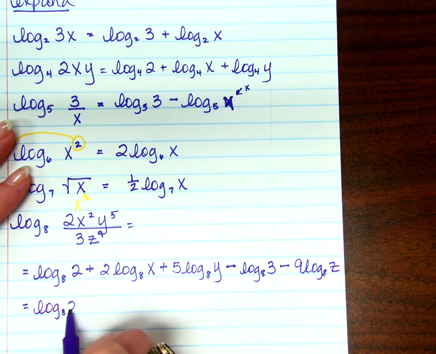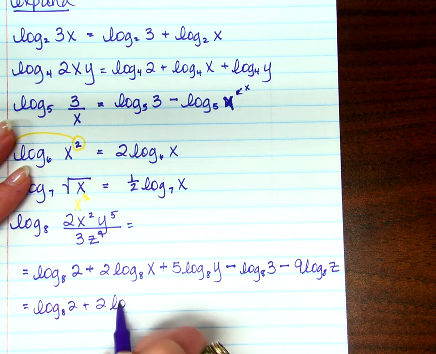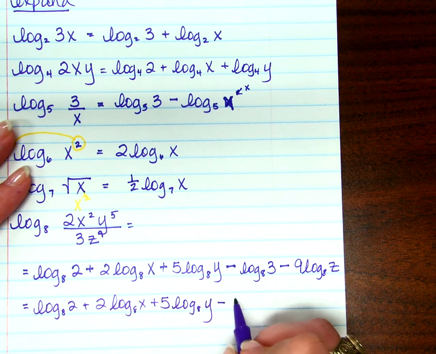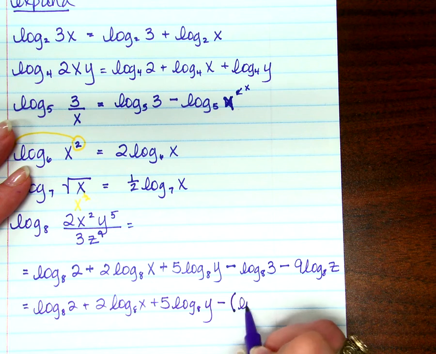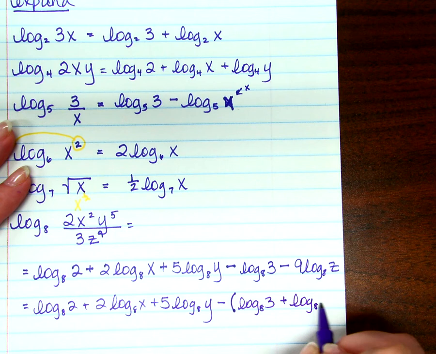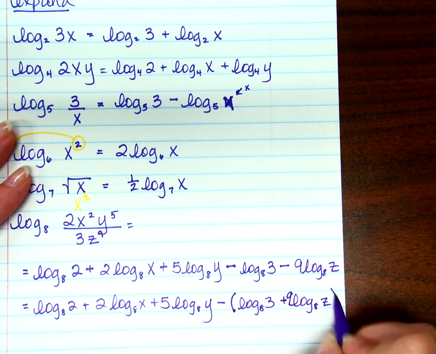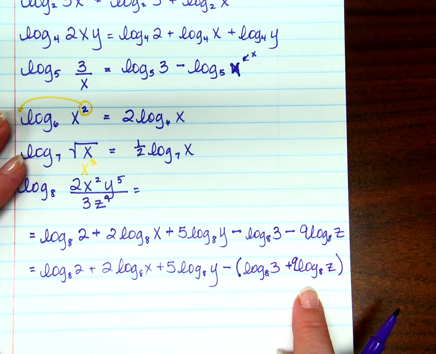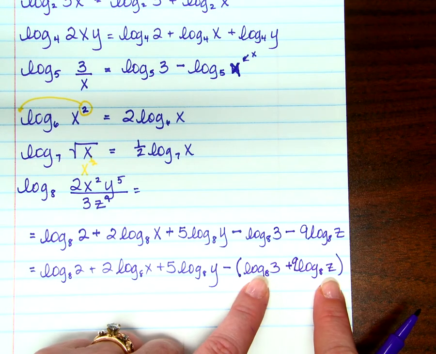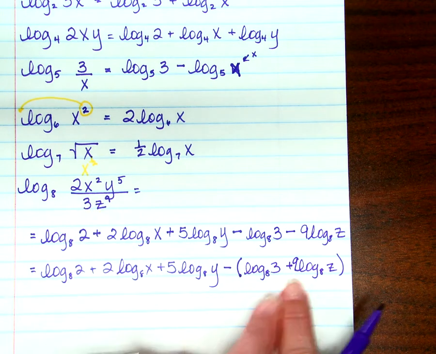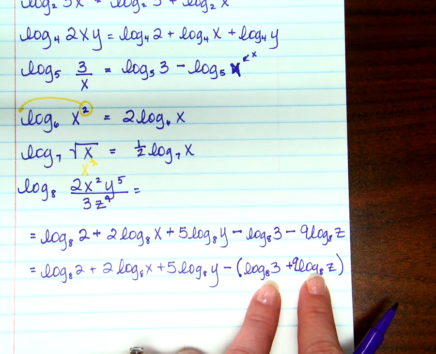Log base 8 of 2 plus 2 log base 8 of x plus 5 log base 8 of y minus log base 8 of 3 plus log base 8 of z. Oops, 9. Do you see what I did? I put the whole denominator in parentheses because I'm multiplying these two things, so I think I should have a plus between them, right?